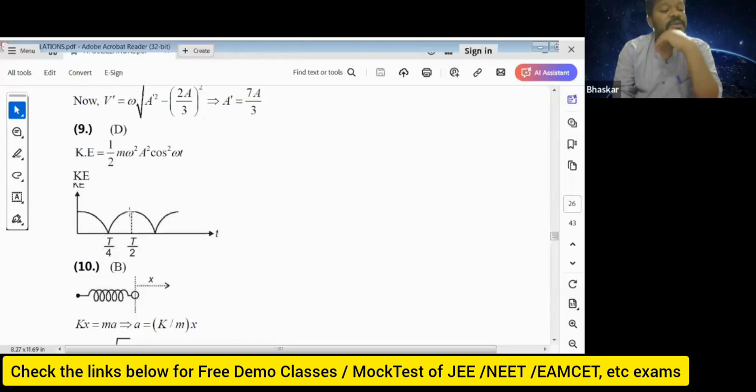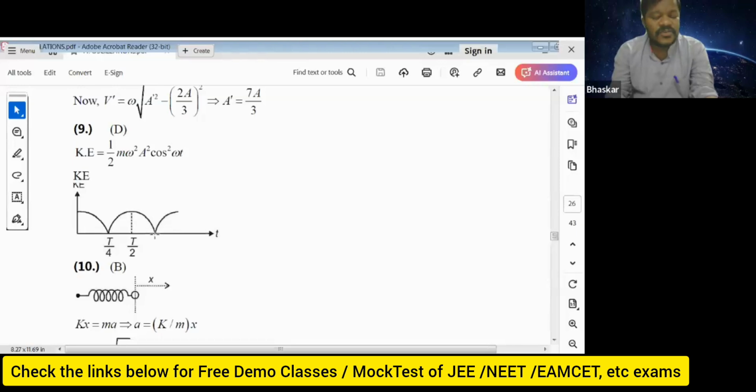Right? And then again the body should go to the other side, because we stretched the body either to the left or right in the initial case. So it should go to the other side. Once it is going, it takes 3T by 4 time, so that here the velocity is maximum on the other side. But again it comes back due to restoring force.